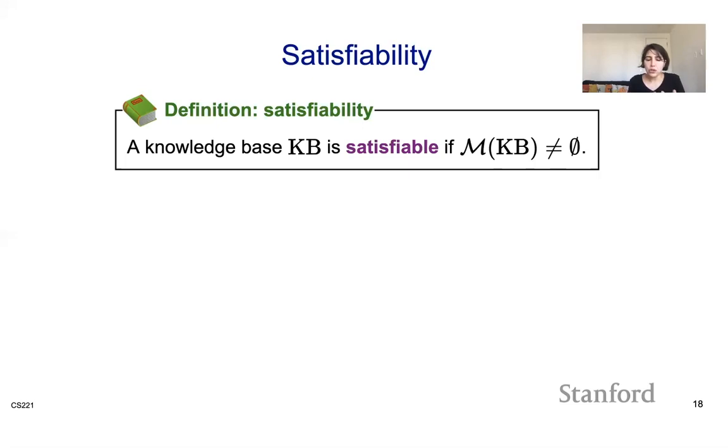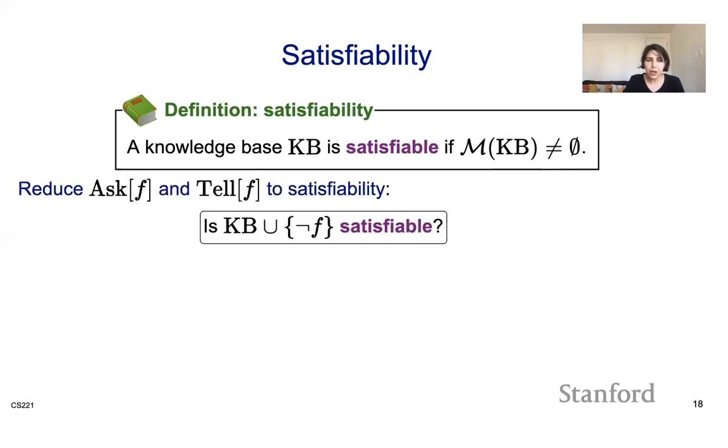Satisfiability gives me a yes or no answer. So how can I use satisfiability to answer if we are in any of these situations? The way we use it is we do 2 calls to satisfiability.